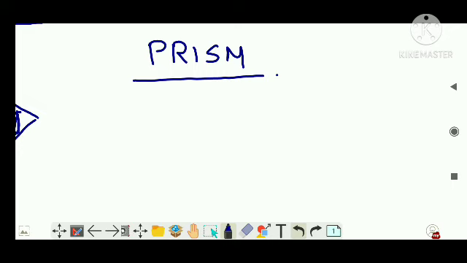Throughout it has a single refractive index because of the material it is made of, and it has two surfaces. If you draw a prism, it is like this. I'm very bad at drawing. I'm supposed to draw a line. Okay.